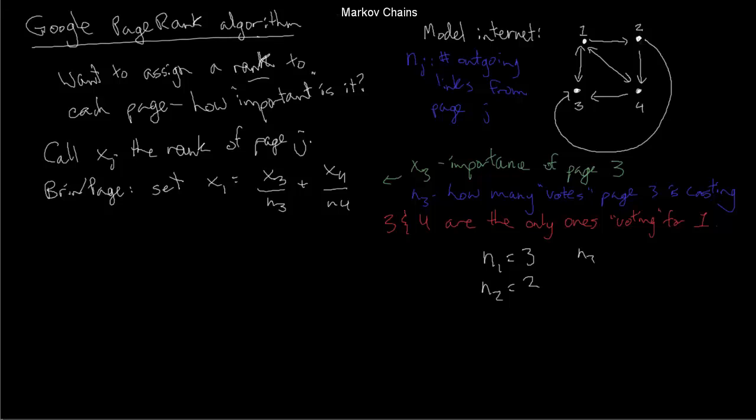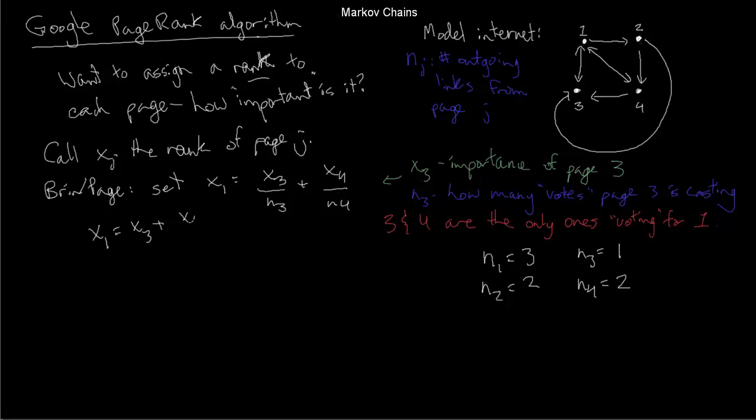Page 2 is only linking to 4 and 3, so that's got size 2. Page 3 is casting only 1 vote, for page 1. And page 4 is casting 2 votes, 1 for page 1 and 1 for page 3. So there are 2 outgoing arrows from node 4.